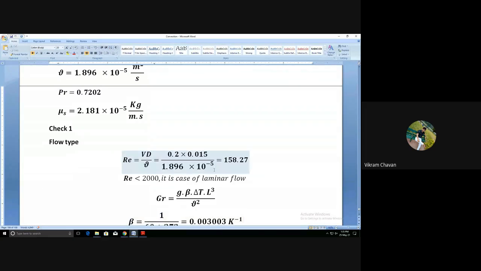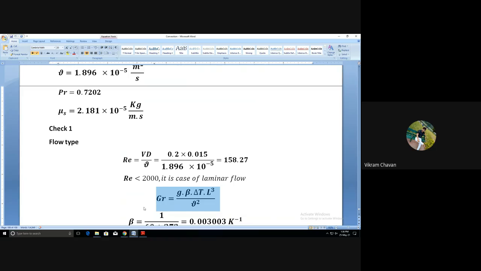Grashof number is equal to g beta delta T multiplied by L cube divided by nu square, where g is the acceleration due to gravity, beta is the volumetric coefficient of expansion, delta T is the temperature difference between the surface and fluid, L cube is the length cubed, and nu square is the kinematic viscosity squared.